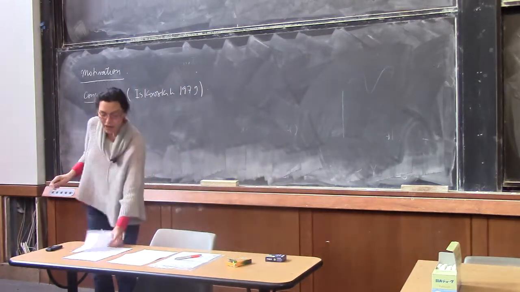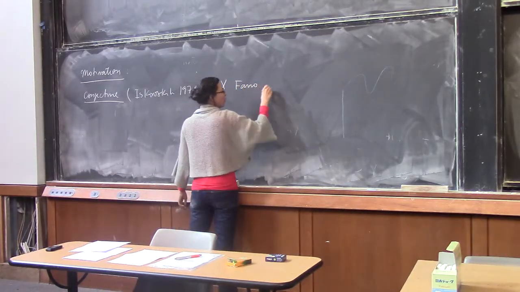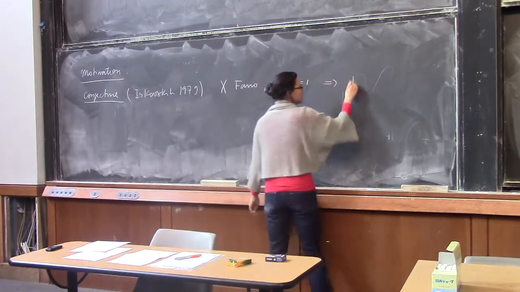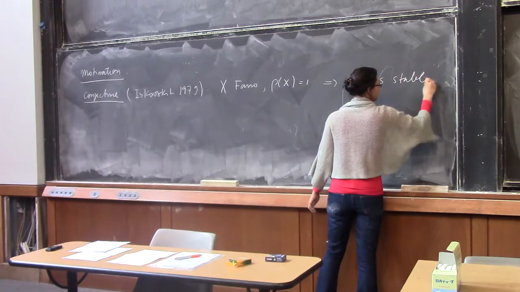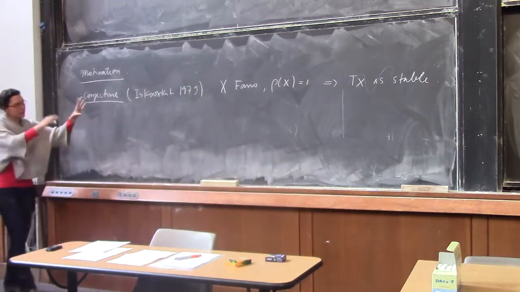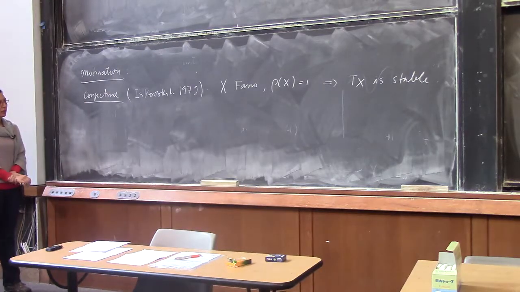Which says that if you have a Fano manifold X with Picard number 1, then the tangent bundle of X is stable. So this is an open problem, and there are some instances that are known, but in general this is wide open. And let's see how foliations come into this picture.